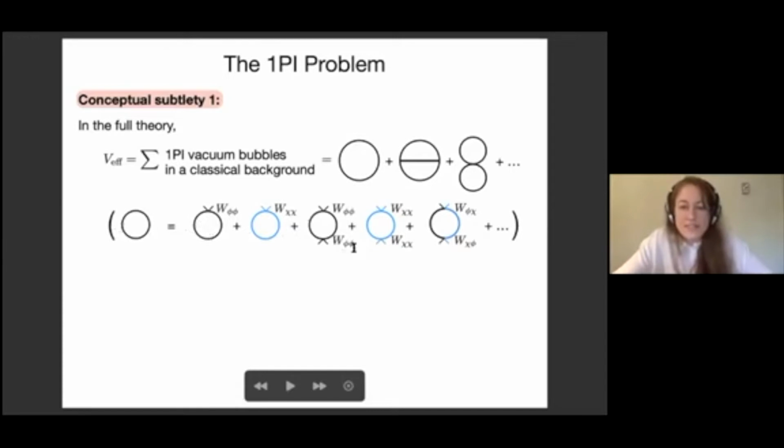So I have vertices that depend on the background fields, phi hat and chi hat. Remember, these entries of the mass matrix depend on phi hat and chi hat, and so they would appear in this expansion.